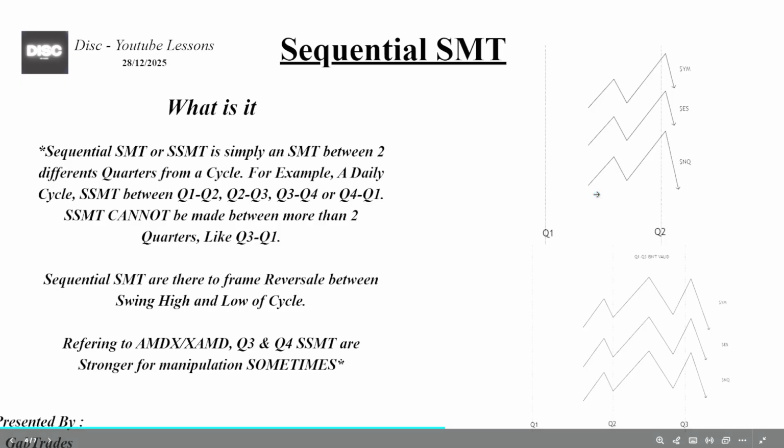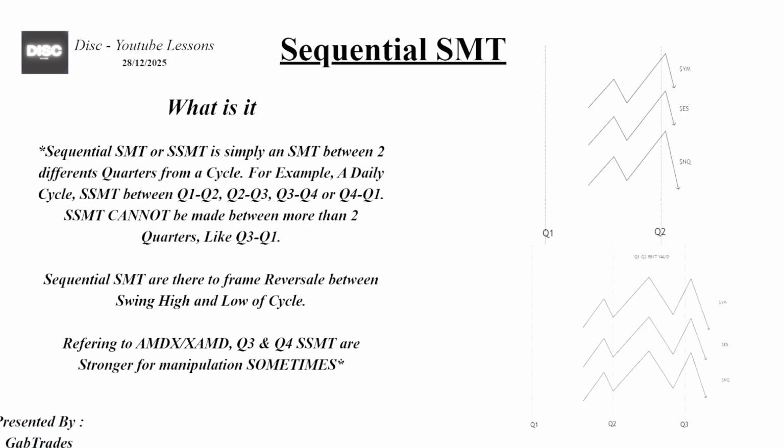Sequential SMT, for those who don't exactly know what it is, is simply something we will use to refine reversal between quarters. Simply like that. There's nothing complex about sequential SMT. I hate when people try to make sequential SMT something so complex.